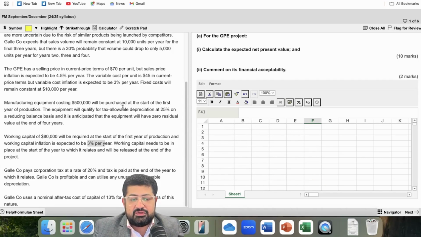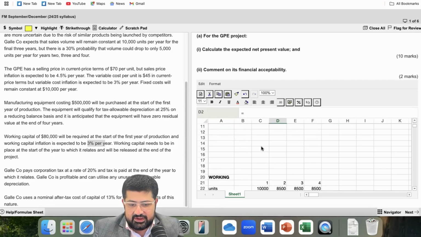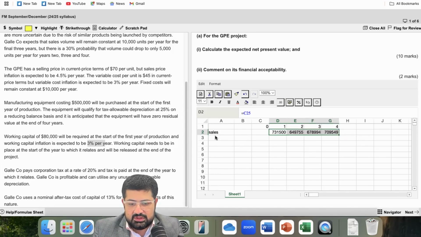Now we will proceed towards solving the question. So year 0, 1, 2, 3, and 4. So first of all, that will be the sales. So the sales working is here. Simple as that. We have linked the cells and here we go.